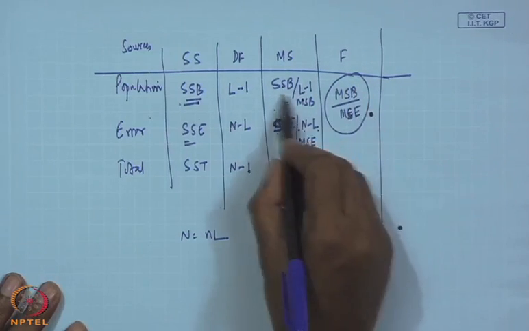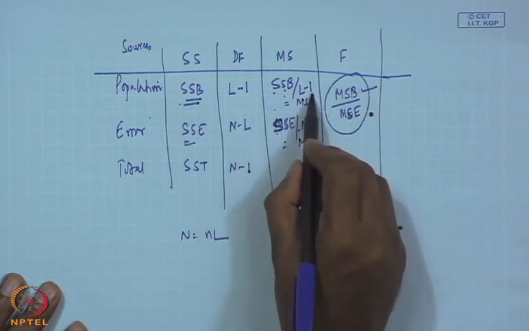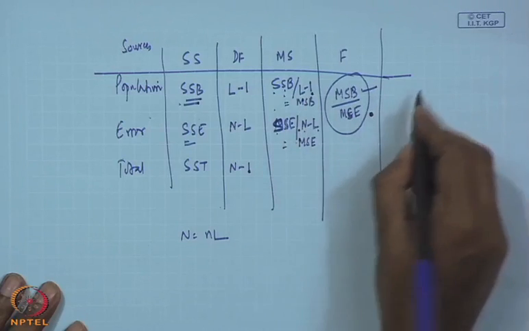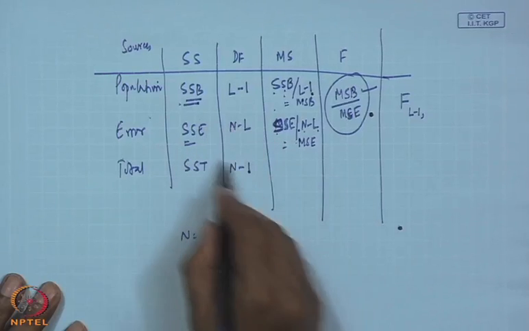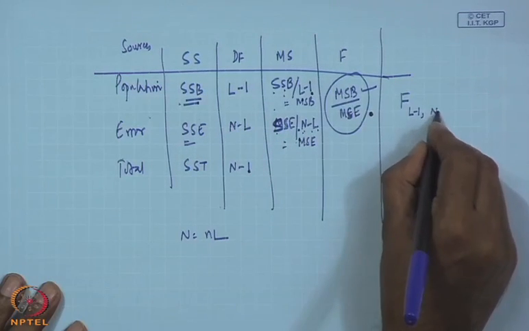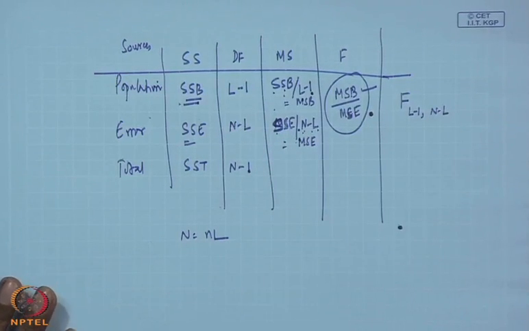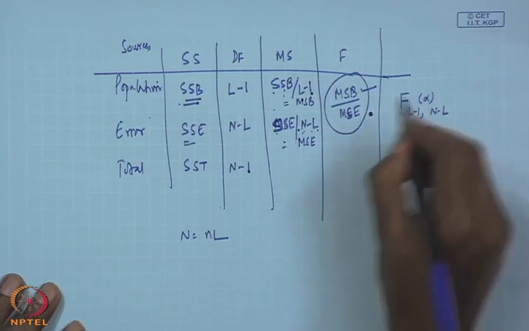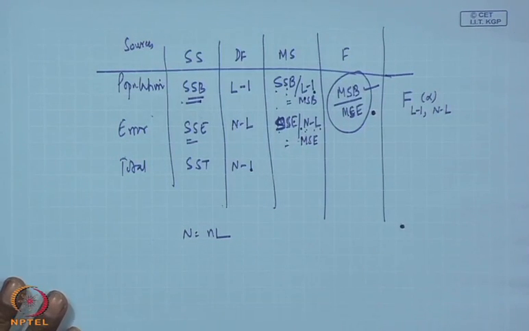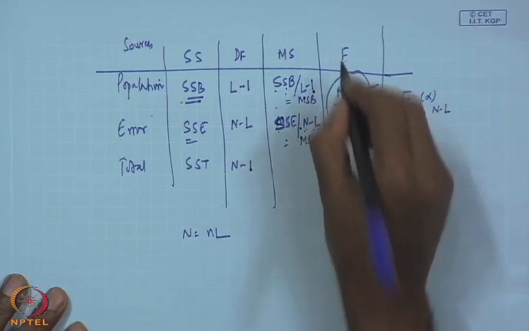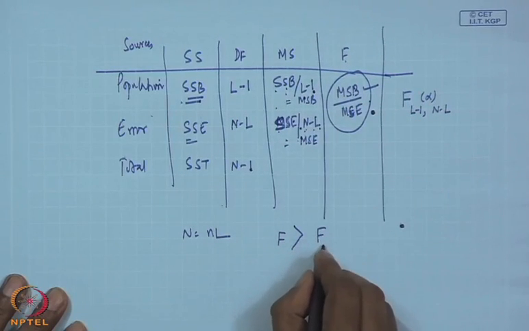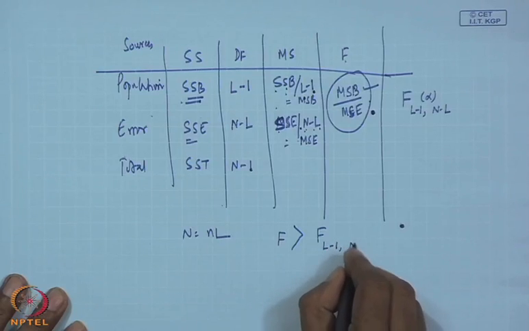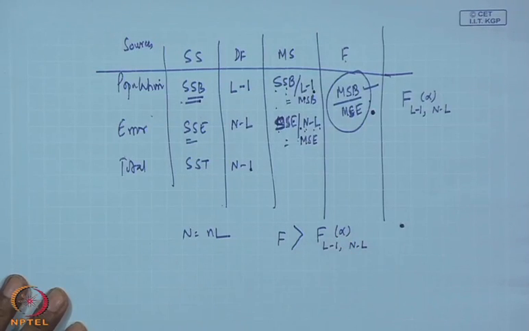In the numerator is SSB, with degrees of freedom L minus 1, and the denominator degrees of freedom is N minus L. You find a certain value of alpha, and if your computed F is greater than F with L minus 1, N minus L at alpha, you will reject the null hypothesis.